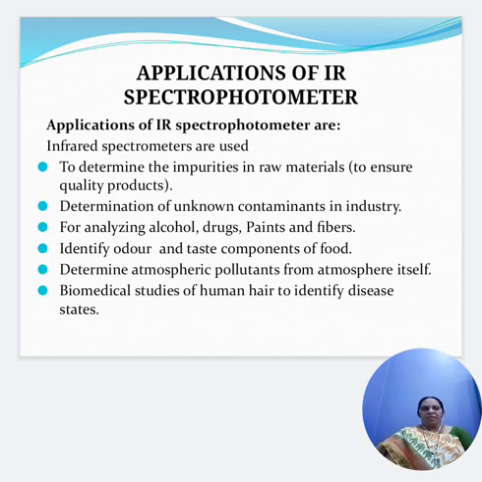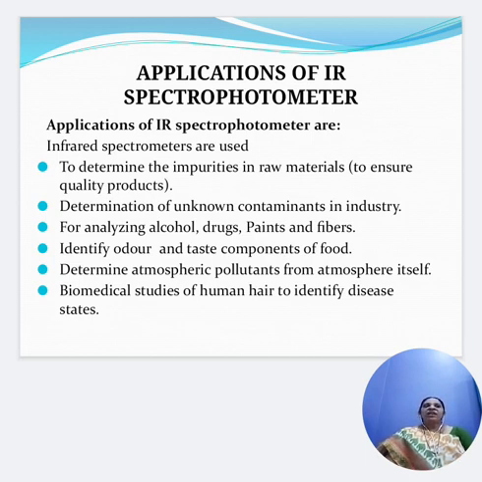They are used for determination of unknown contaminants in industry, for analyzing alcohols, drugs, paints and fibers, for identifying the odor and taste components of food, and for determination of atmospheric pollutants from the atmosphere itself. They are also used in biomedical studies of human hair to identify disease states.